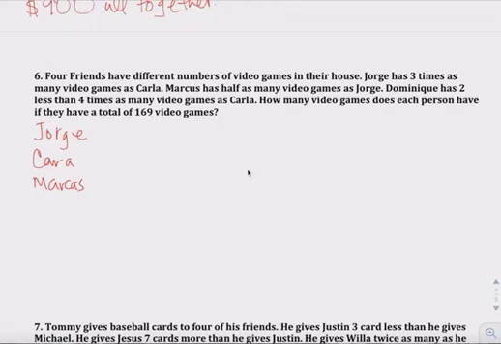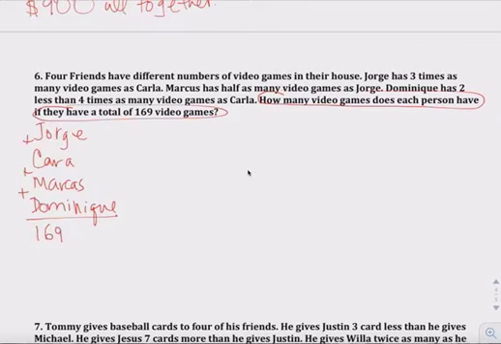Okay, there's Dominic. How many video games does each person have if they have a total of 169? So they have to add up together to equal 169 video games.